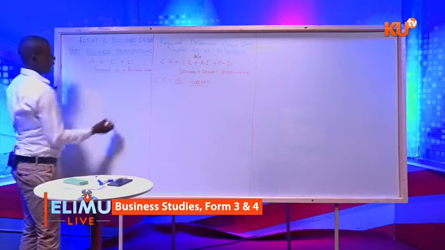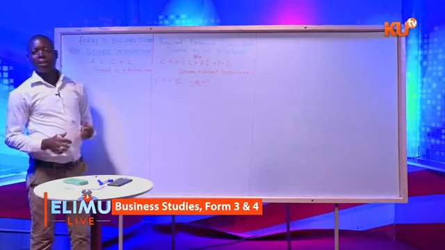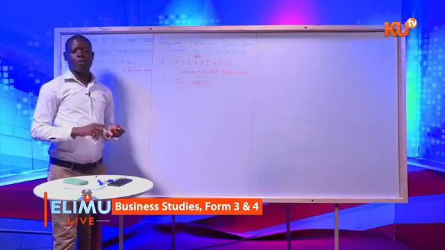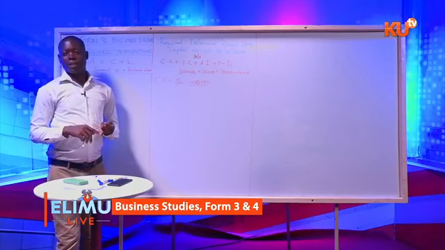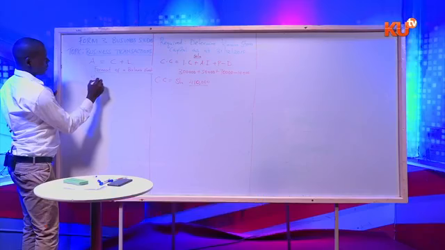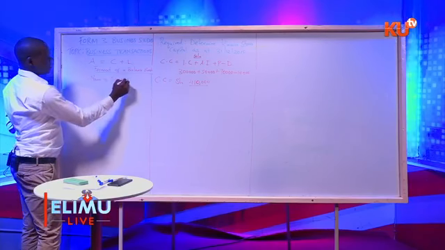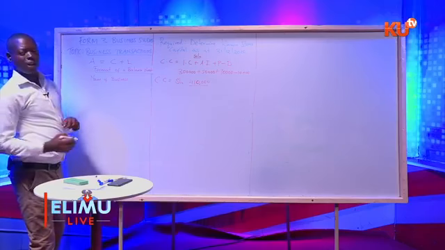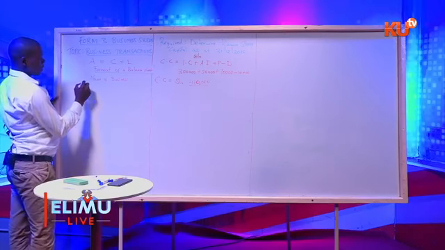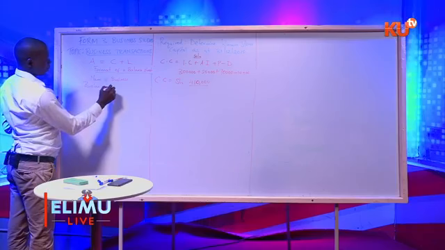One, we said that the balance sheet must have a heading, and the heading has three things. One, the name of the business. Below the name of the business, we write the name of the statement, which is balance sheet.